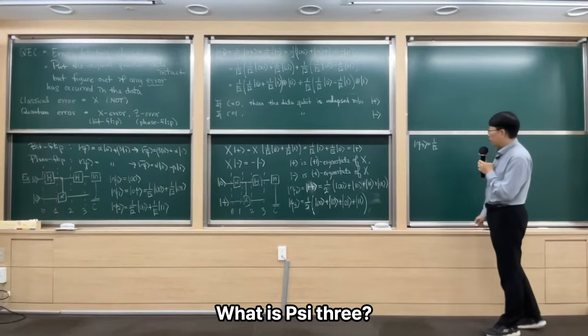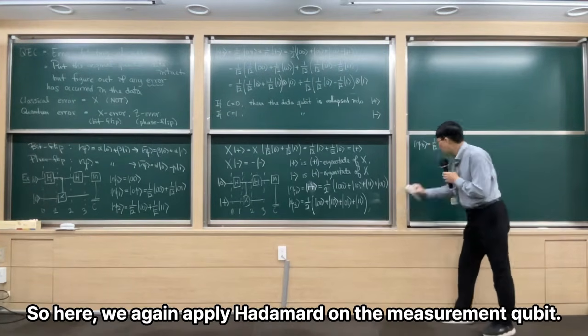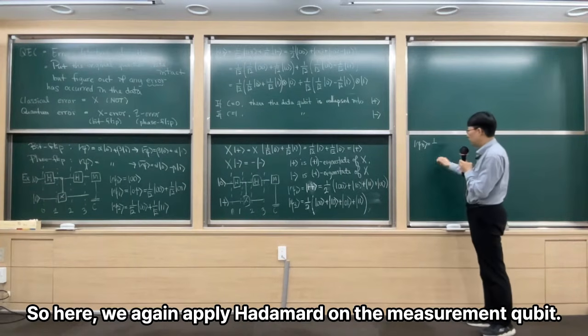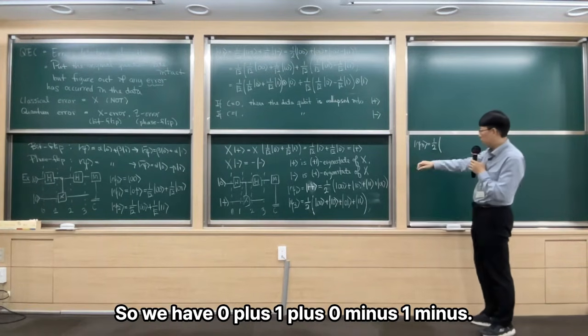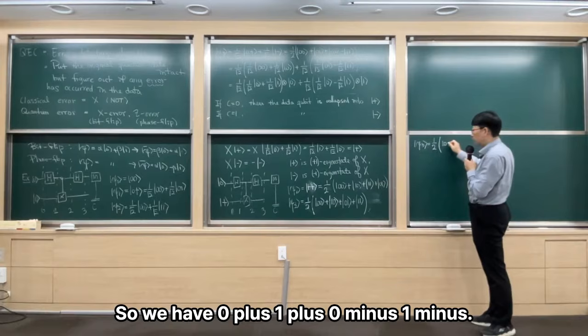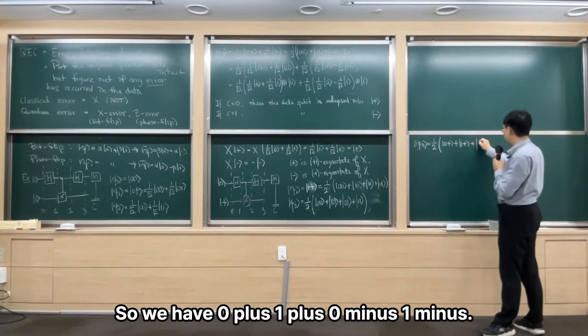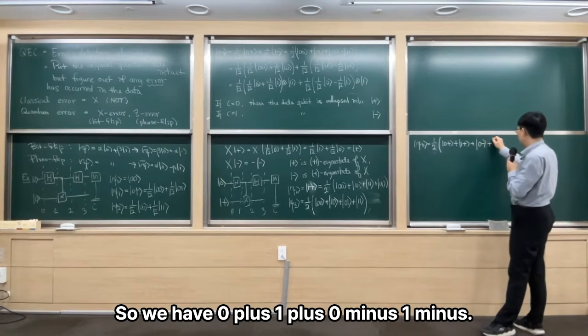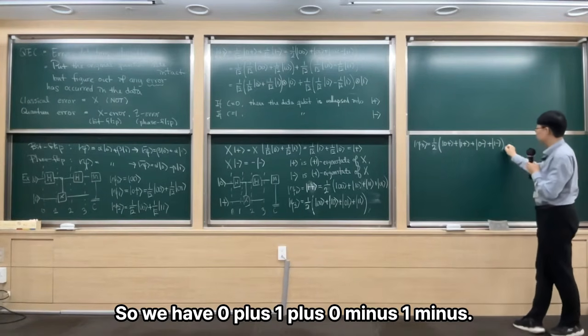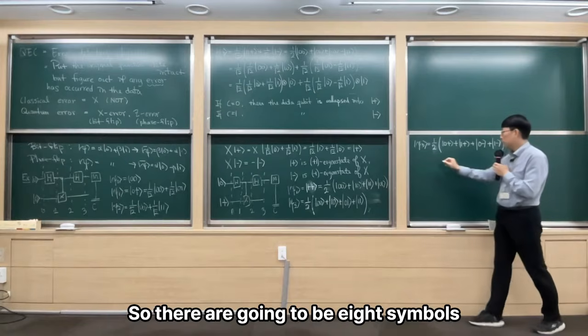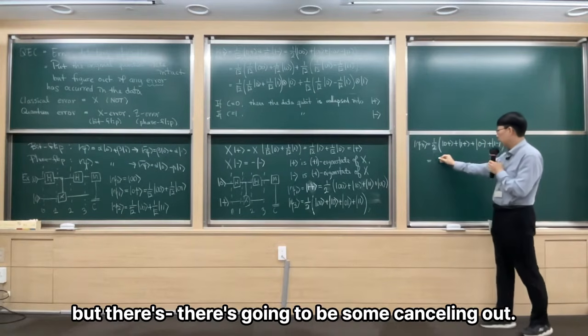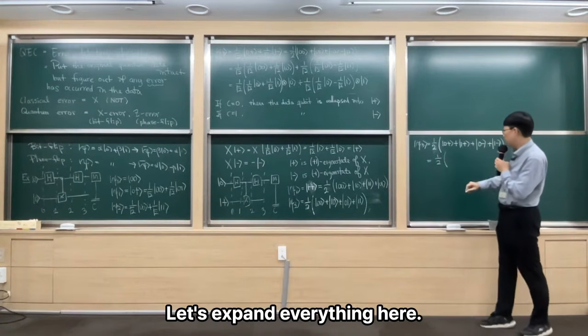So what is psi 3? Here we again apply Hadamard on the measurement qubit. So we have 0 plus, 1 plus, 0 minus, 1 minus. There are going to be 8 terms, but there's going to be some canceling out. Let's expand everything here.